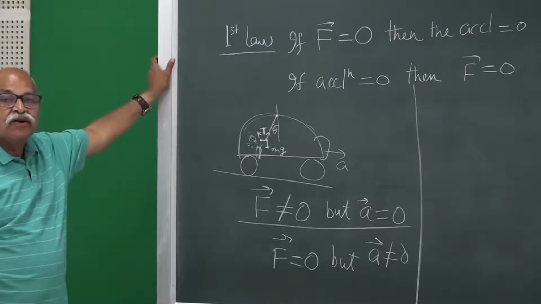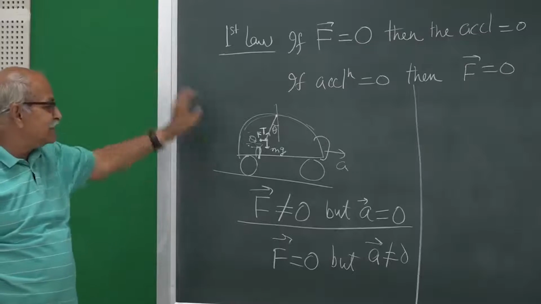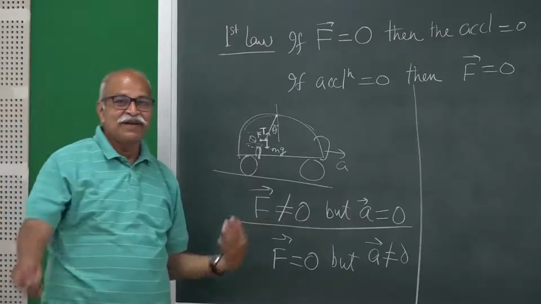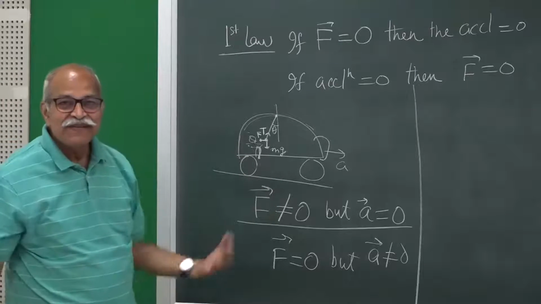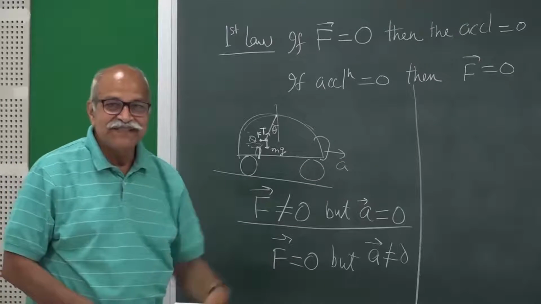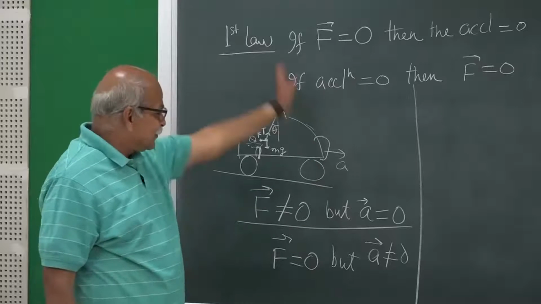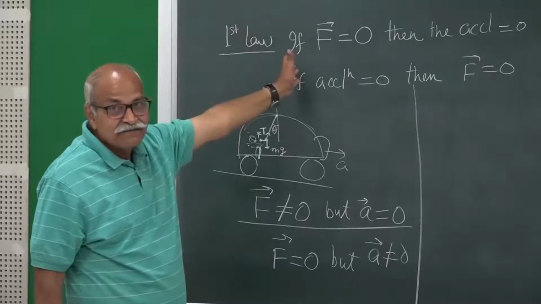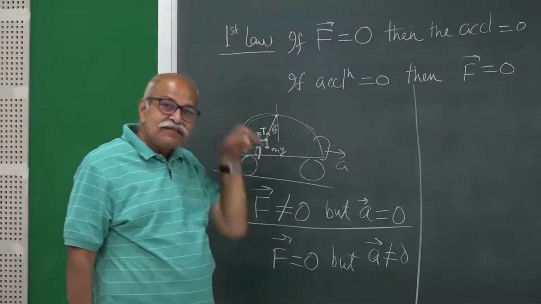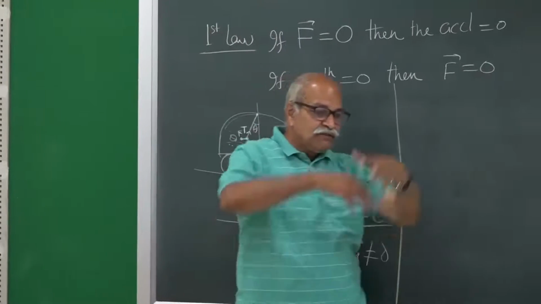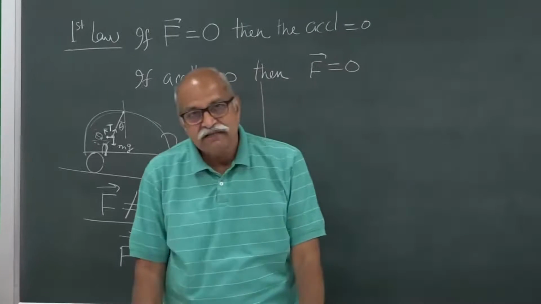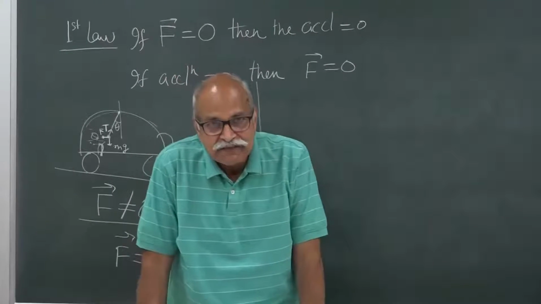Newton's first law is not valid in this frame. Or if I am in some kind of a rotating frame, I am on some disk, and there on the disk I have put my x, y, z axes, then also this does not hold. So Newton's first law is not a universal law as such, because we are always free to choose our frames of reference.